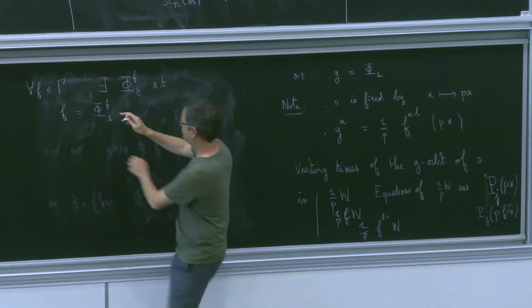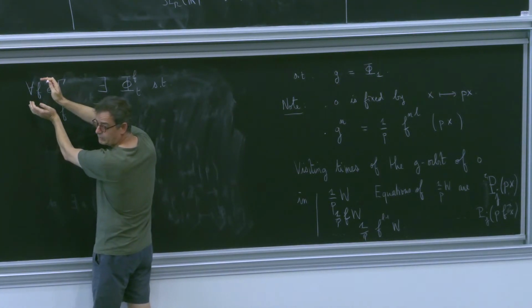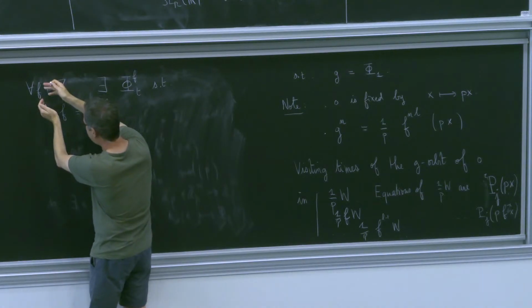Okay, so now I have a group. I don't have just one transformation. For each element I have a flow.